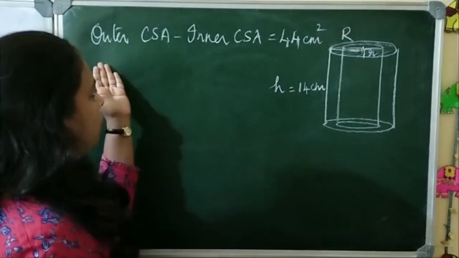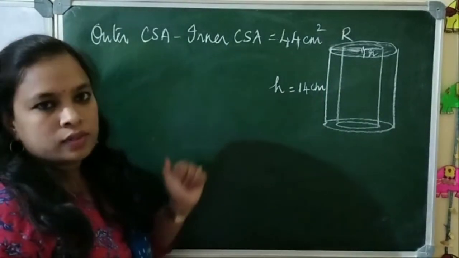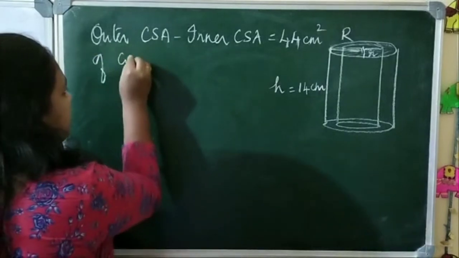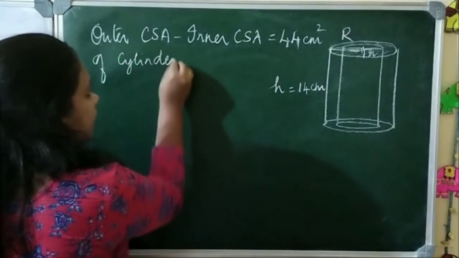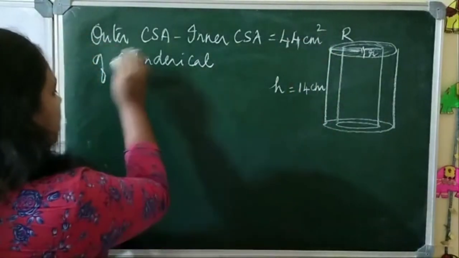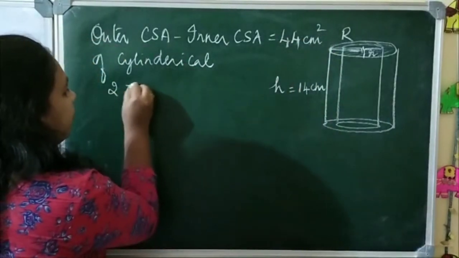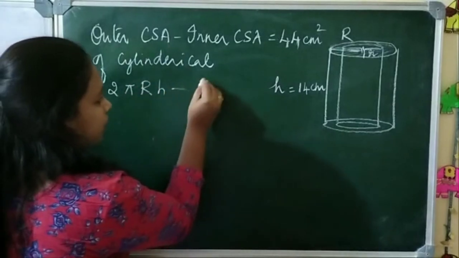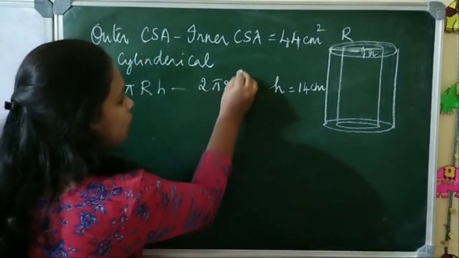So it is the outer curved surface area and inner curved surface area of a cylindrical pipe that is equal to 44 centimeter square. So now we know it is 2 pi capital RH minus 2 pi small rh.